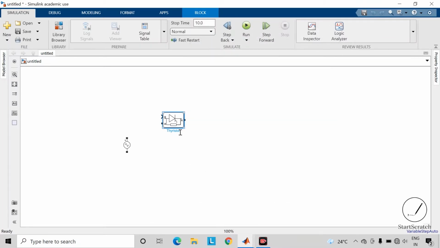So we will rename this block as thyristor 1. And now copy this block and connect them in anti-parallel configuration. Connect this configuration to the AC voltage source.